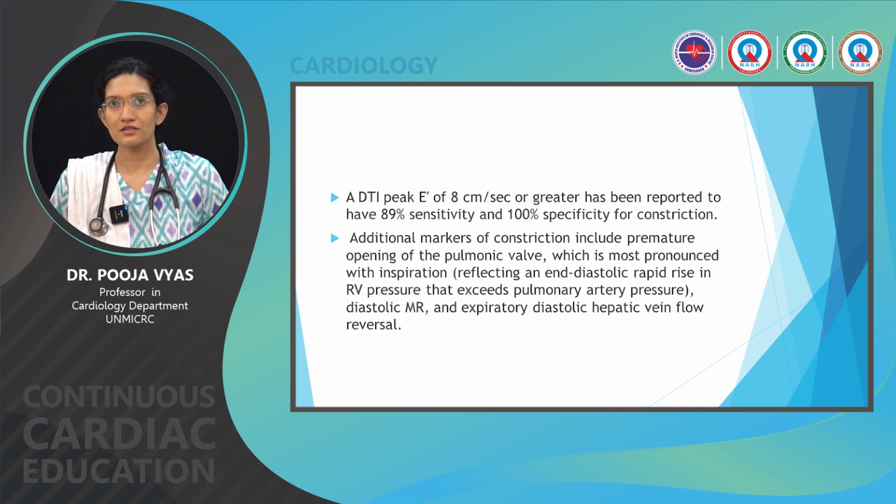Other additional markers for constriction are premature opening of the pulmonary valve, which happens more with inspiration and suggests an increased end diastolic rapid rise in the RV pressure that exceeds the pulmonary artery pressure, leading to premature opening of the pulmonary valve. Other findings are diastolic MR and expiratory diastolic hepatic vein flow reversal.